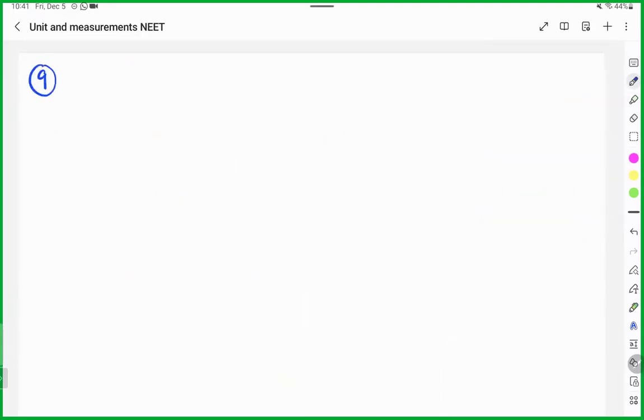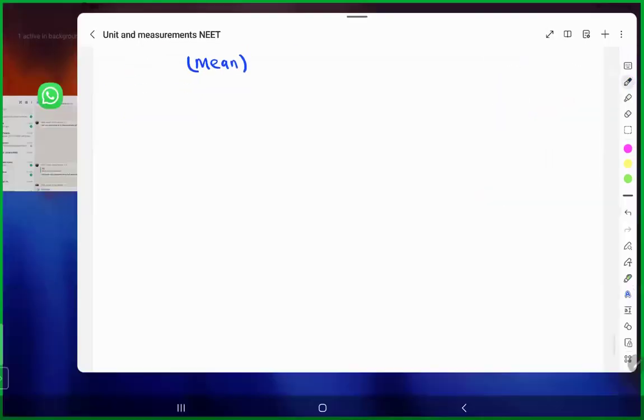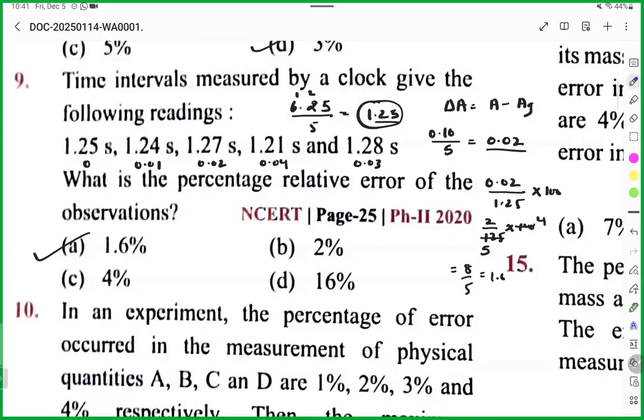In this question, what do you do? First, you calculate the true value. How to calculate the true value? Just take the average. It is simply the mean of all the values. You add all the values and then divide by the number. Example, here you take 25, 24, 27, 21 and 28.